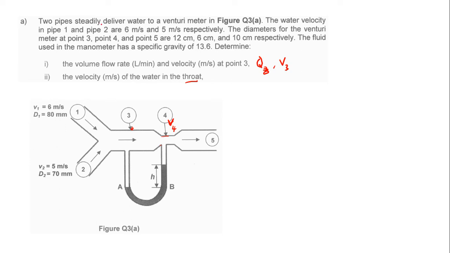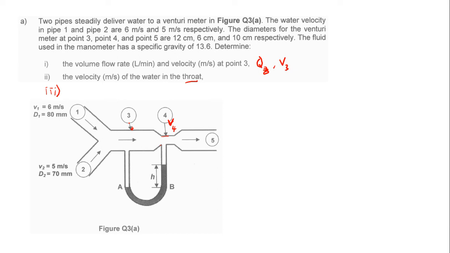In this question there should be one more part, but we haven't learned it yet, because it involves the Bernoulli equation. So I just deleted the third question. That's why you have this manometer: when there is a manometer, you will use your Bernoulli equation to solve the question.